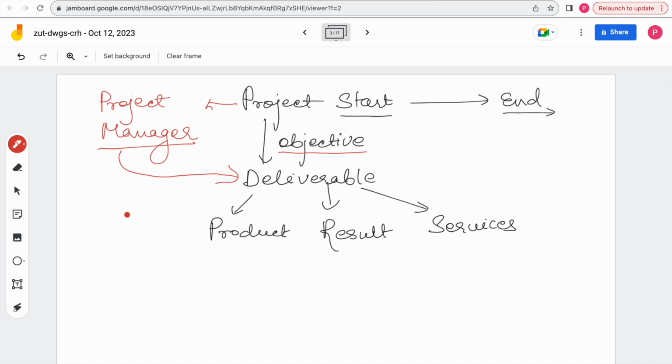But if you go by PMI, the main agenda of the project manager is to successfully complete the objective of the project and give the deliverable with the required quality, so that there is customer satisfaction. So we can say that the project manager is responsible for his or her own project.